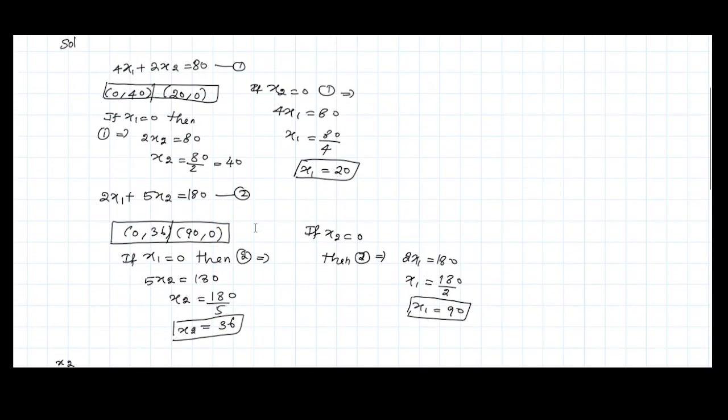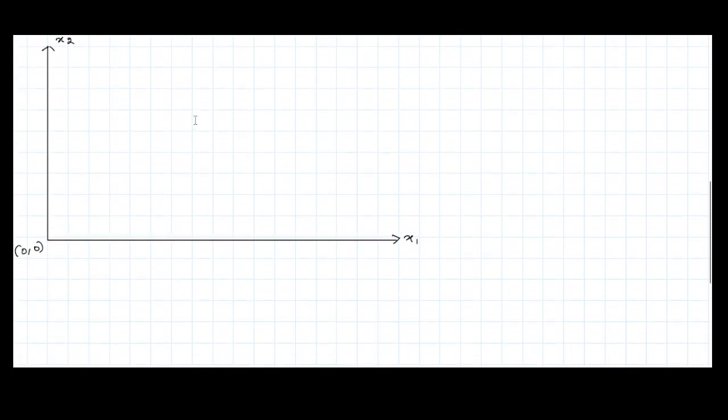The first line we can represent by two points, 0 comma 40 and 20 comma 0. We need to mark the scale: 10, 20, 30, 40, 50, 60, 70, 80, 90, 100 on one axis, and 10, 20, 30, 40, 50, 60, 70, and 80 on the other.